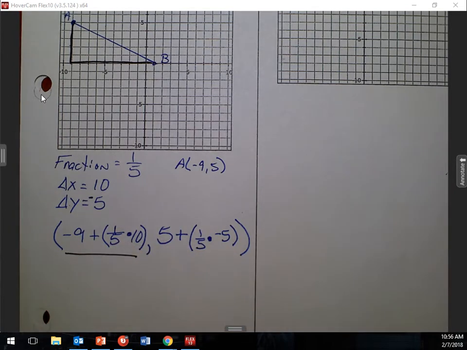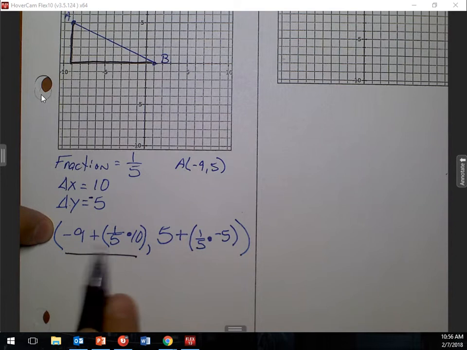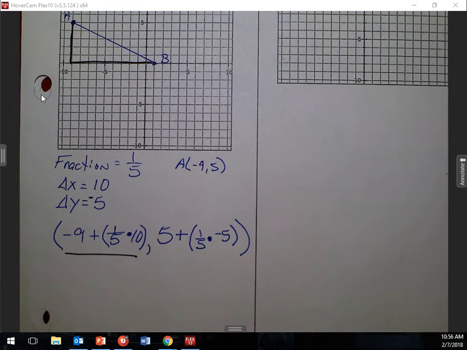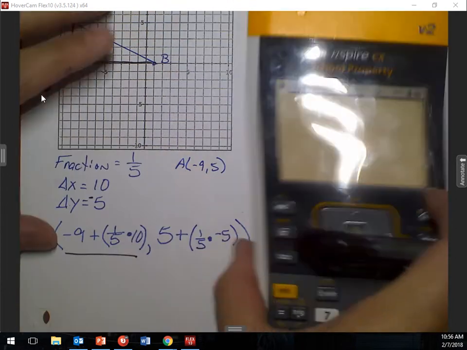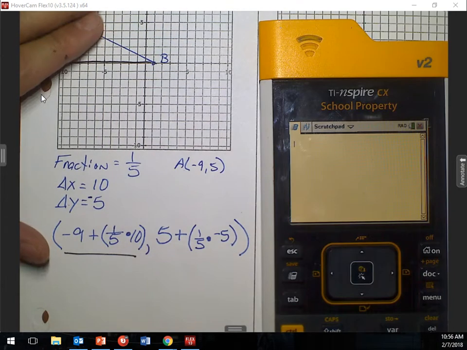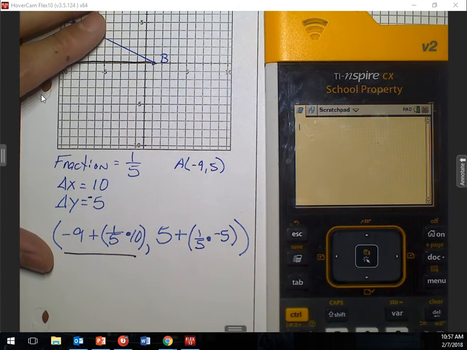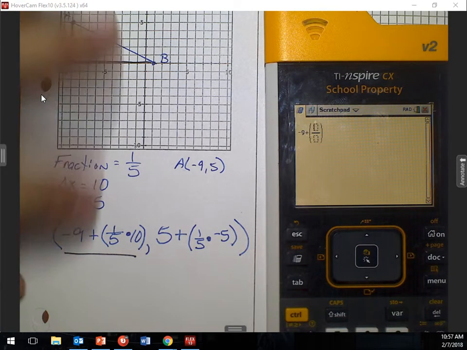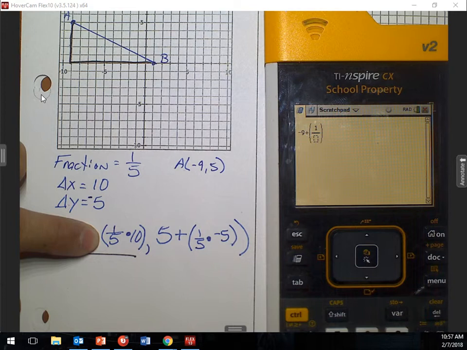I don't think it's negative 18. So it's negative 9, and this piece right here should give me 2, right? So if I put it in the calculator correctly, can you guys see that? All right. So it's negative 9 plus parentheses, my 1 over 5 times 10, close it, negative 7.